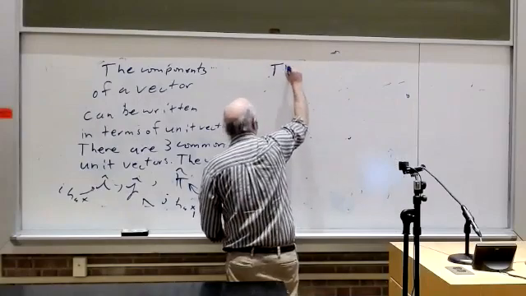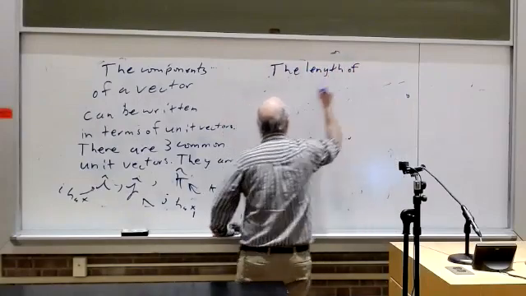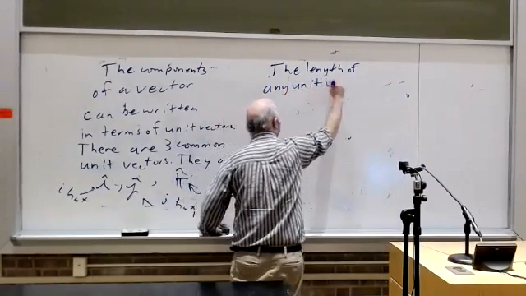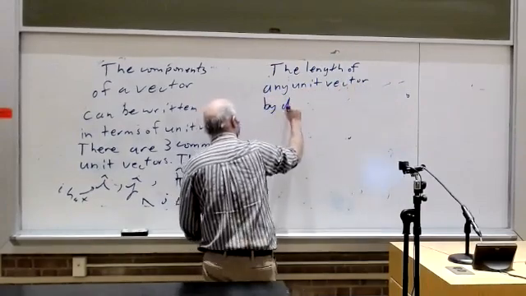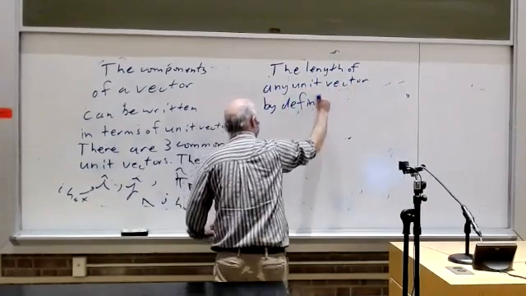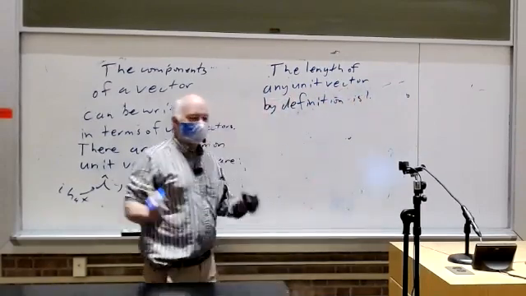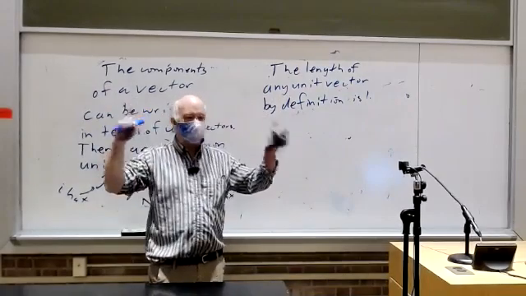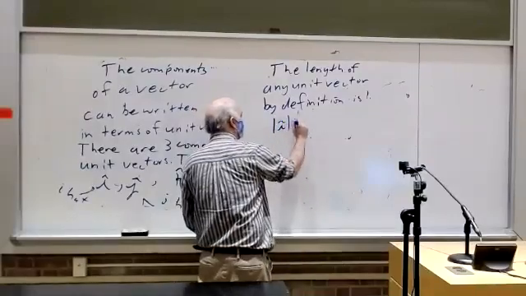The length of any unit vector by definition is 1. So if you have a unit vector, it doesn't matter what kind of unit vector you are, you by definition have a length of 1. So the magnitude of I hat is 1.